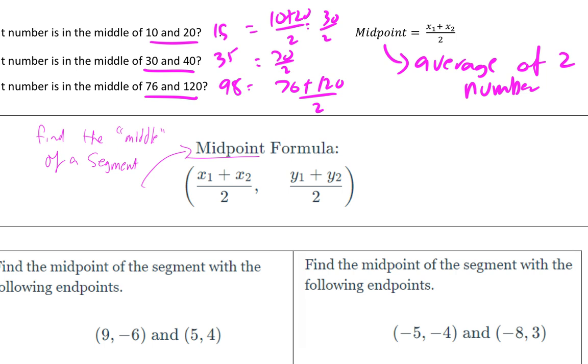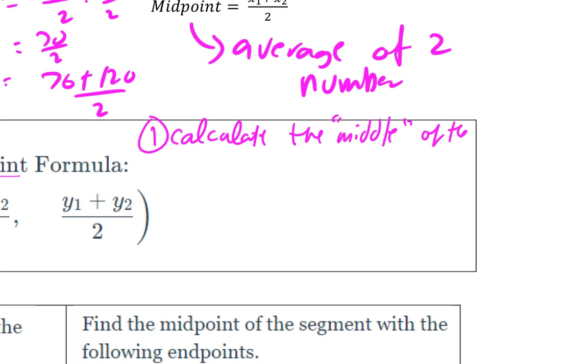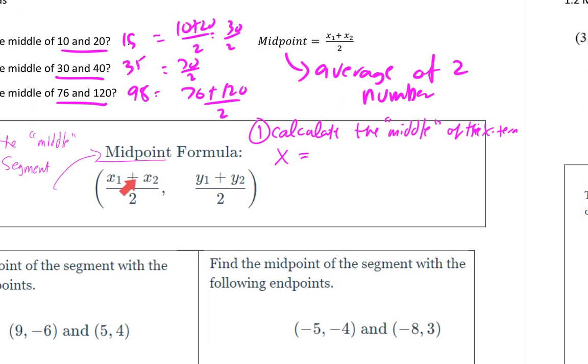We are going to first calculate the middle of the x term. To calculate the middle of the x term, the x value is equal to this right over here.